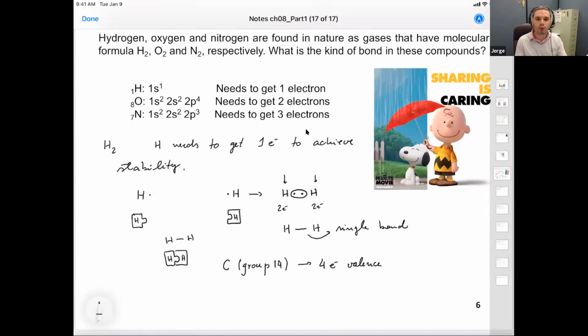The way we will represent the 4 electrons in the valence shell using the Lewis notation is by representing each electron by a dot. So always start from this left position and then go counterclockwise. 1, 2, 3, and 4.